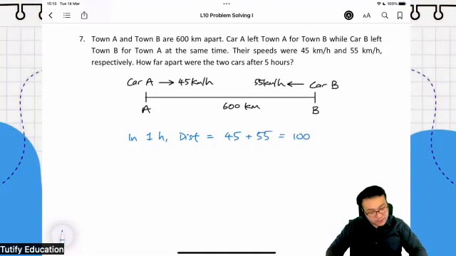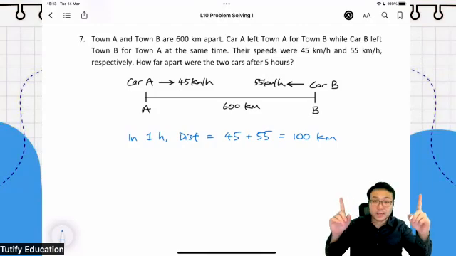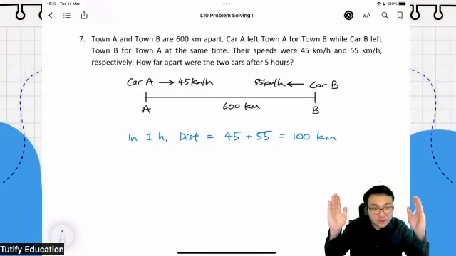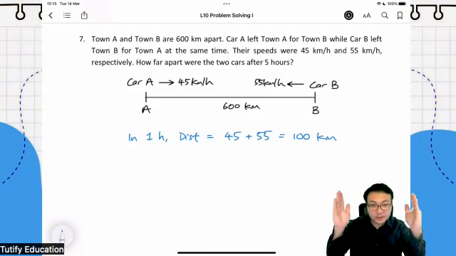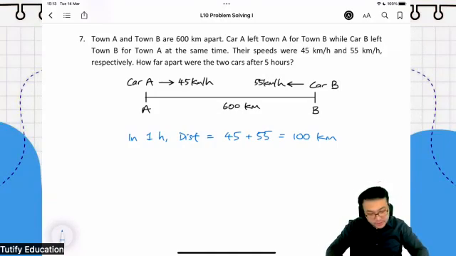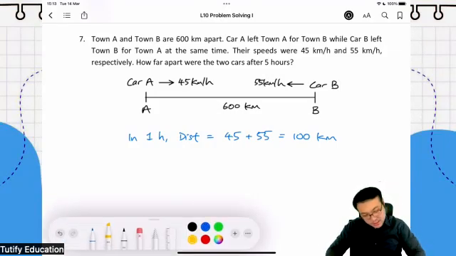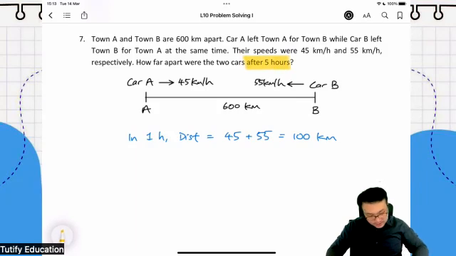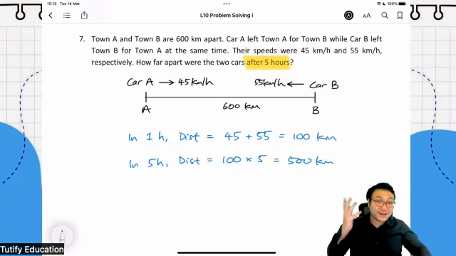In 1 hour, they will travel 100 kilometers closer to each other. Correct? So after 5 hours, what will happen? Question say after 5 hours. So in 5 hours, the total distance that they travel will be 500 kilometers.